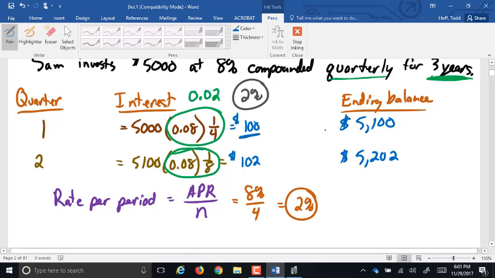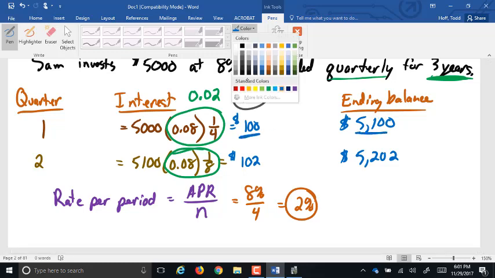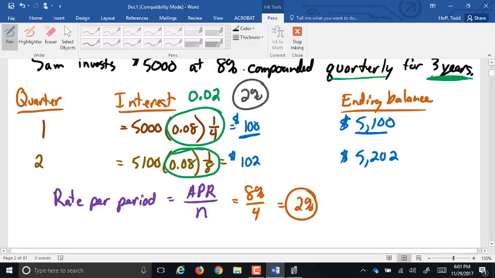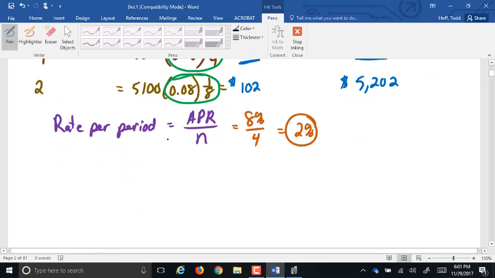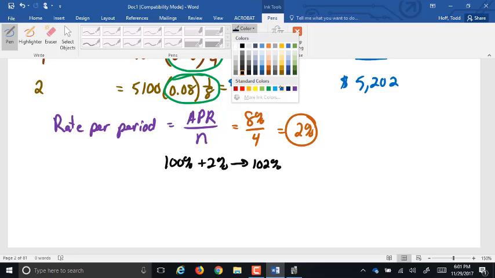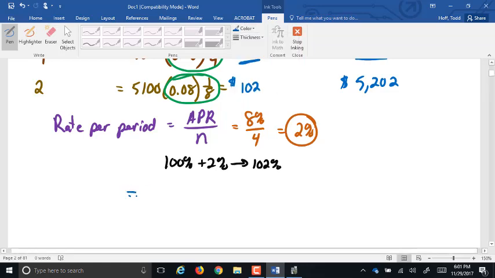We found that percent and we added it on each time, which means we're doing exactly what we just did up above. We're taking 100% plus 2% to get 102%. So let's check that out and see if that would have worked. Could I have taken the $5,000 and multiplied by 102% or 1.02?